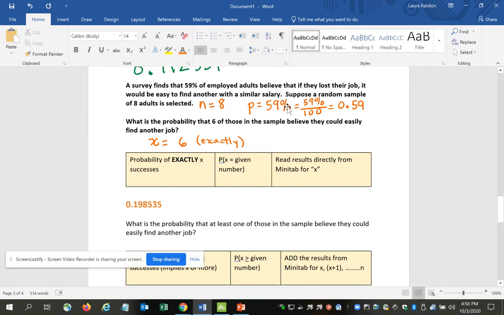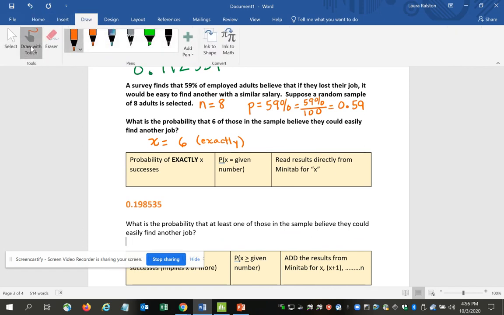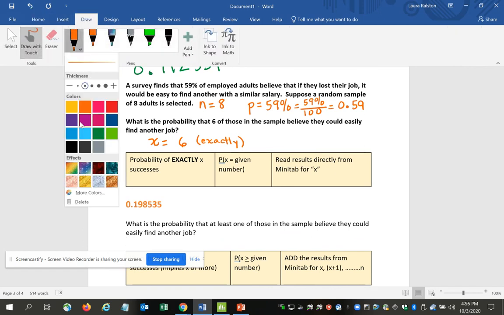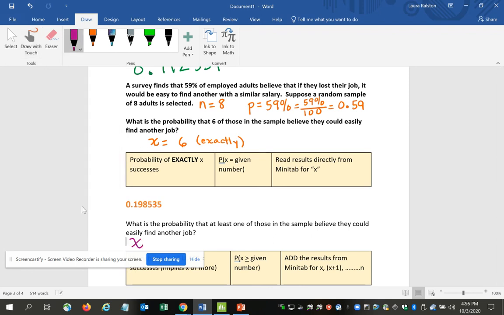The probability they believe they could find another job is 59%. But my X for this problem is 1. And I have the key phrase at least.